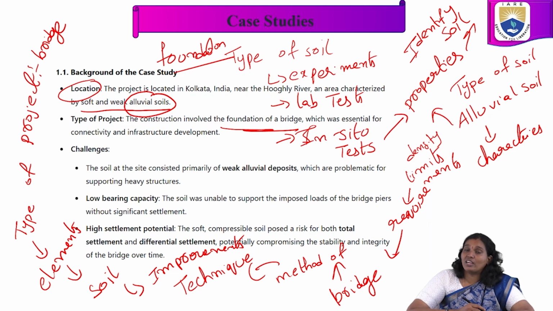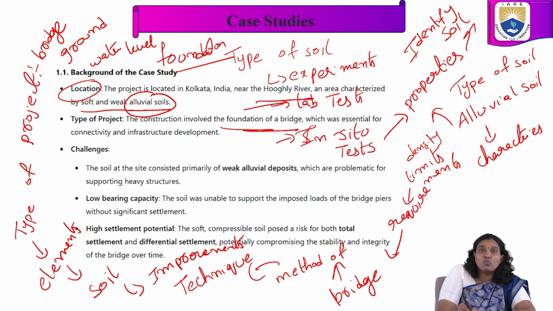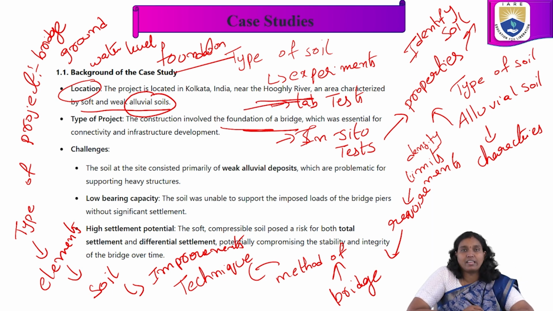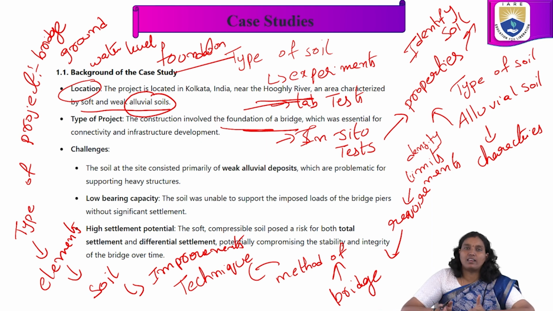Each layer has its own properties, and groundwater levels are also involved in such projects. Because the site is nearby the Hooghly River, the effect is greater compared to sites far away from rivers or water bodies, that is, dry areas.